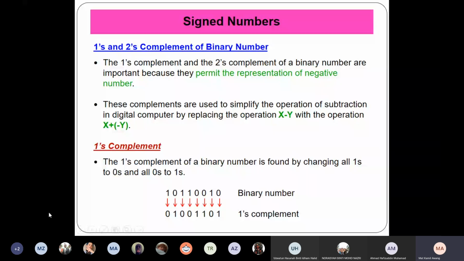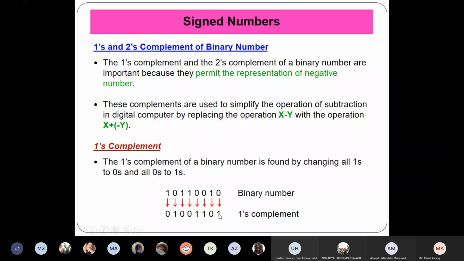For example, a binary number of 10110010. So the first complement is, you change into the opposite. If it's 1, change to 0. If it's 0, you change to 1. If it's 1, change to 0. 1, change to 0. 0, change to 1. 0, change to 1. 1, change to 0. 0, change to 1.